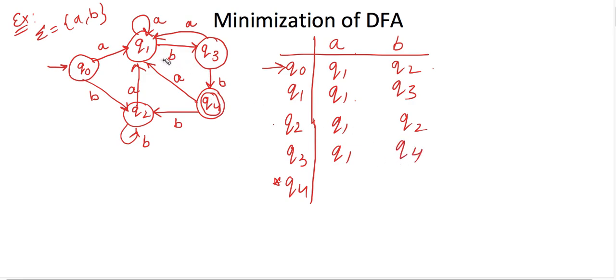Now at Q4, on A, I move to Q1. At Q4 on B, I move to Q2. So this is the state transition table. Wherever you find Q4, mark it with a star so that we know it is a final state.